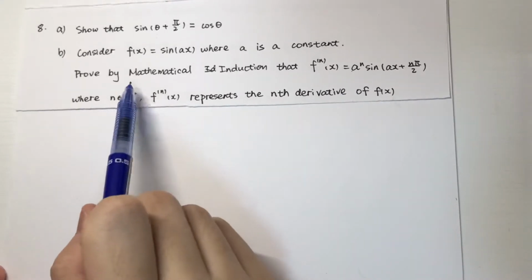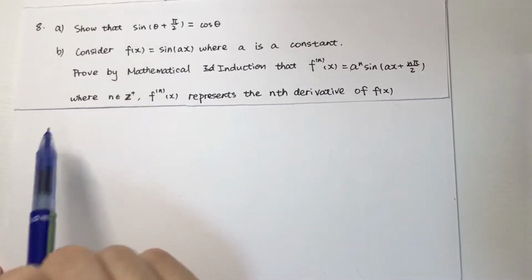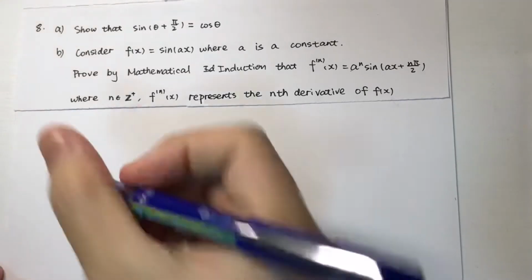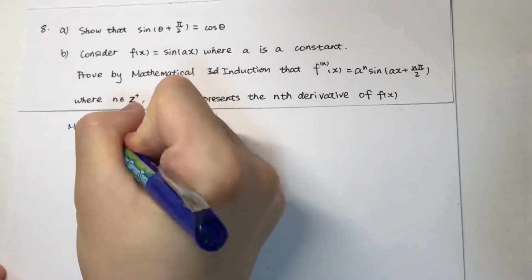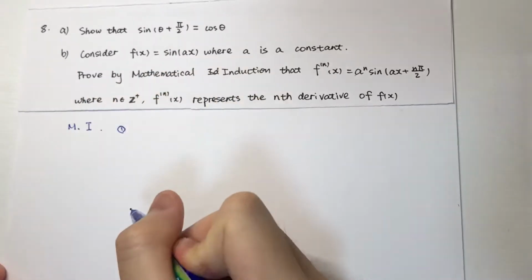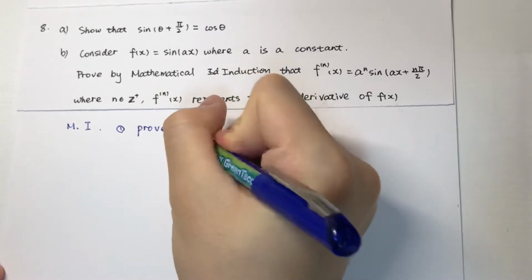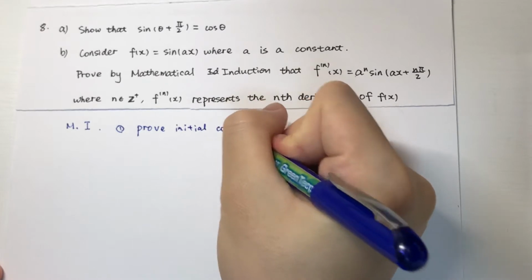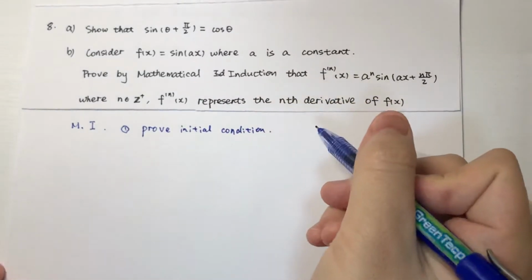Okay, so this one we need to prove by mathematical induction, and for mathematical induction there are basically two steps. So I write it here. The first step is to prove the initial condition, and the statement holds.